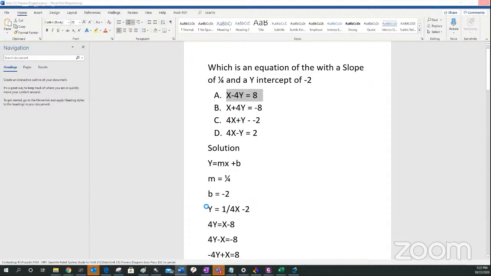Then how can we get a 4y here? You know that you have 1 over 4 in here, right? So what you can do is multiply every section by 4. By doing that, you will see that you have 4y, and 4 divided by 4 times x equals x, and you will have -2 times 4, that will give you -8.